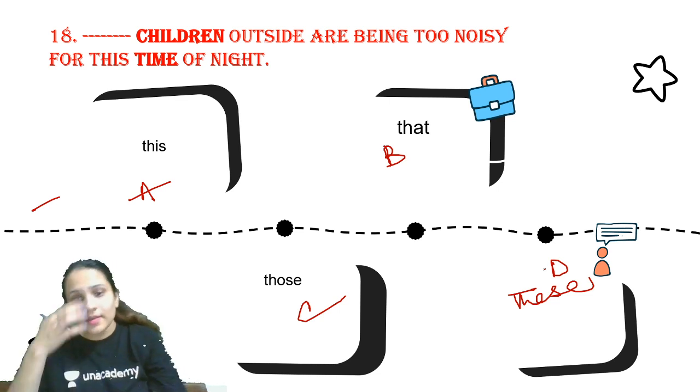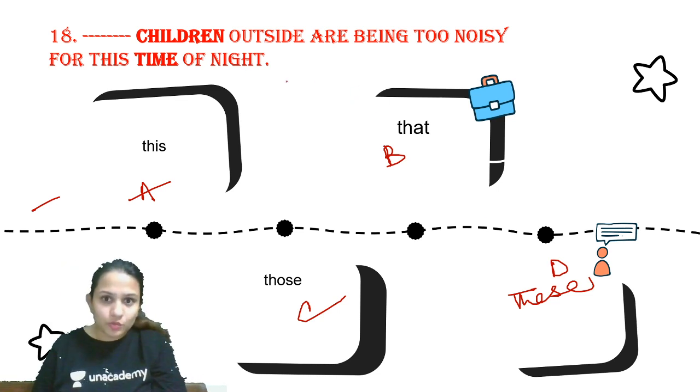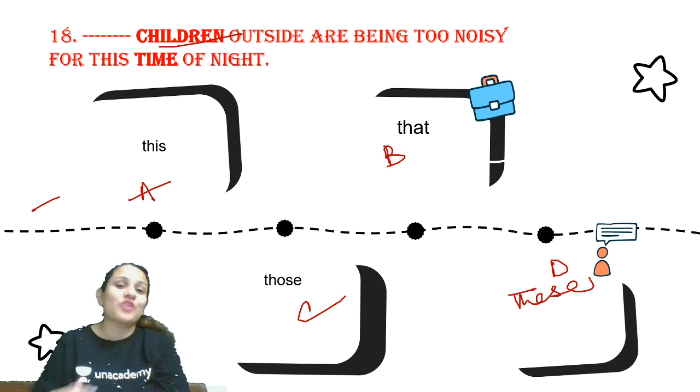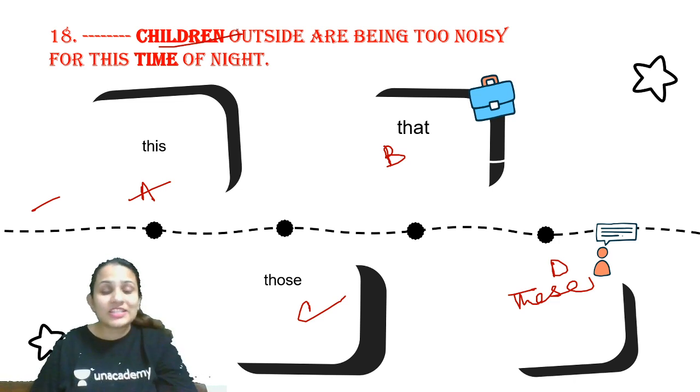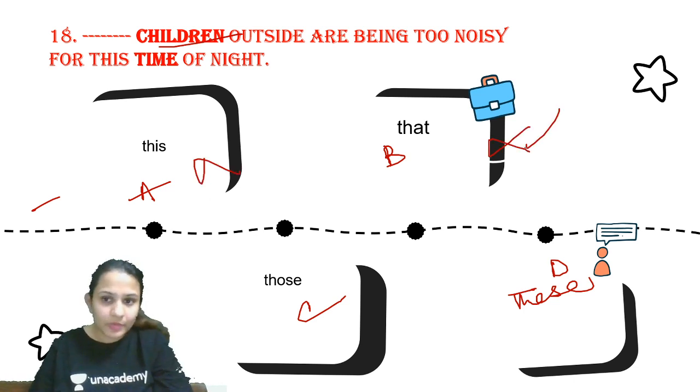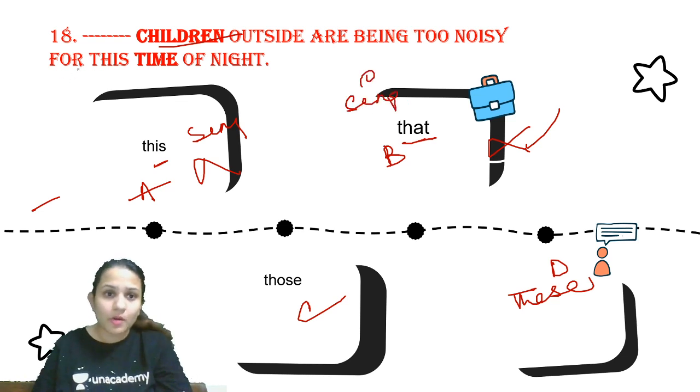So you could use your common sense or the use of singular or plural. So it says children. So "this" and "that" are out of the picture because "this" and "that" are used for singulars. Now we're talking about plurals because children is plural.